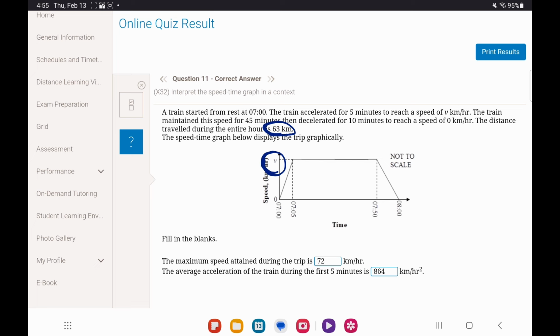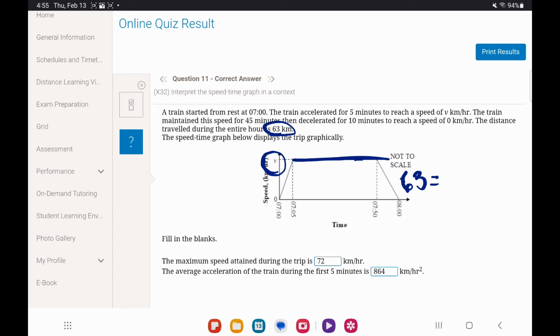So we do 63 equals, the area of the trapezoid is base 1 plus base 2 over 2 times height. Base 1 is this little one here, between 7:05 and 7:50, so it's 45 minutes, but we want to use hours because it's easier.